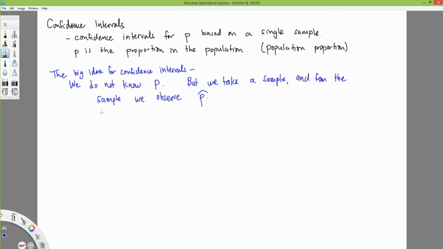P hat is probably not exactly the same as P, but we expect P to be fairly close in value to P hat.